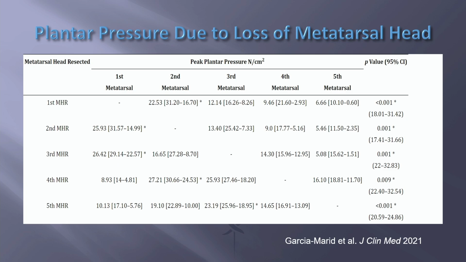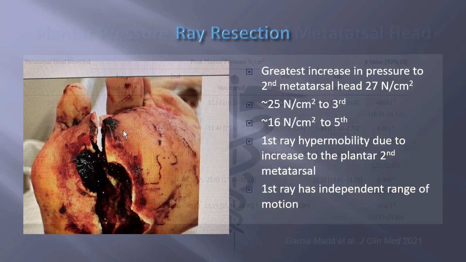Then in the last slide, we saw that third metatarsal head was excised, and we can see that there's increased pressure underneath the second metatarsal head. Oddly enough, the pressure underneath the first metatarsal head is extreme according to the study. So some of it kind of matched up, some of it didn't. But obviously, the take-home is pressure increases with loss of a neighboring metatarsal head.